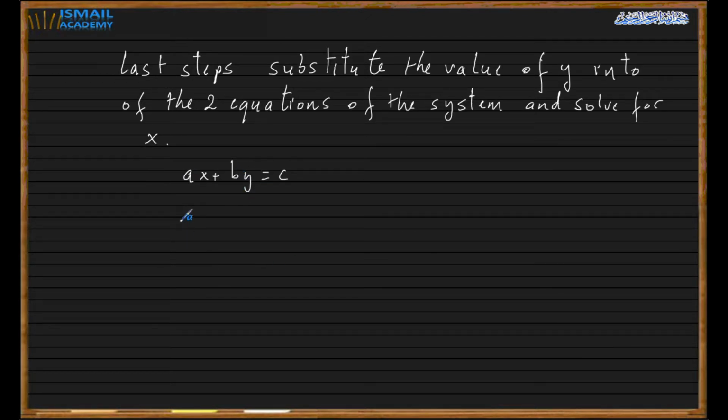I will have AX plus B times (RC minus TC1) over (RB minus TB1), and this is equal to C. You see, this is a number.